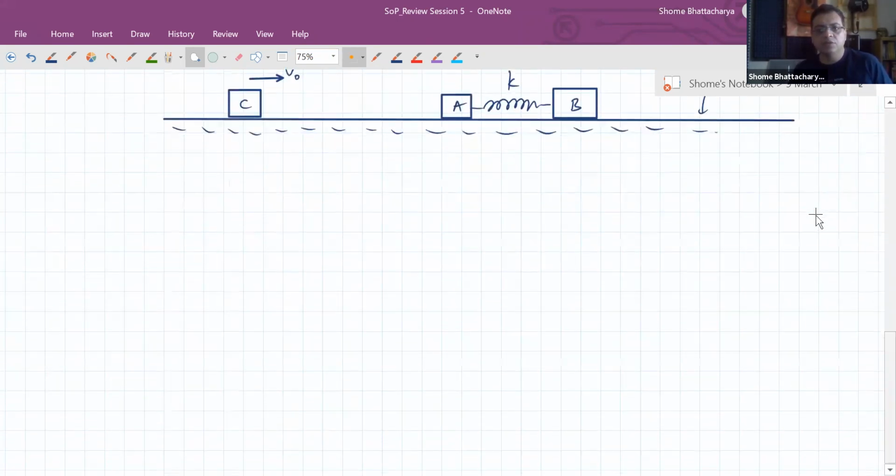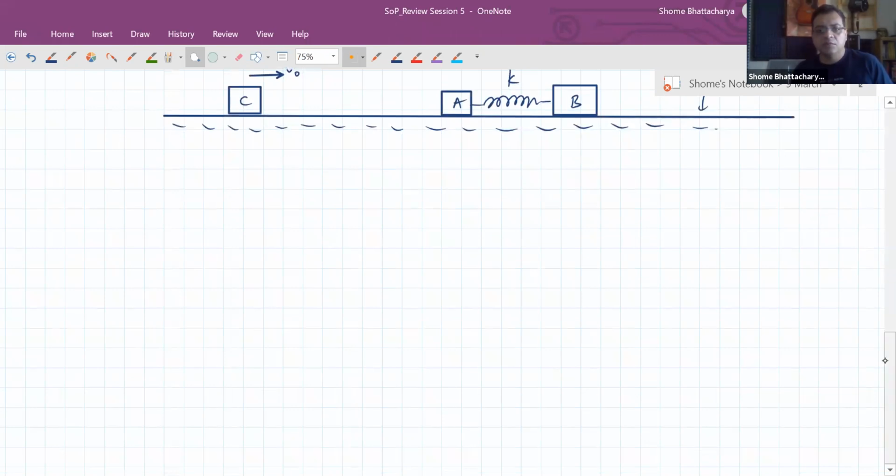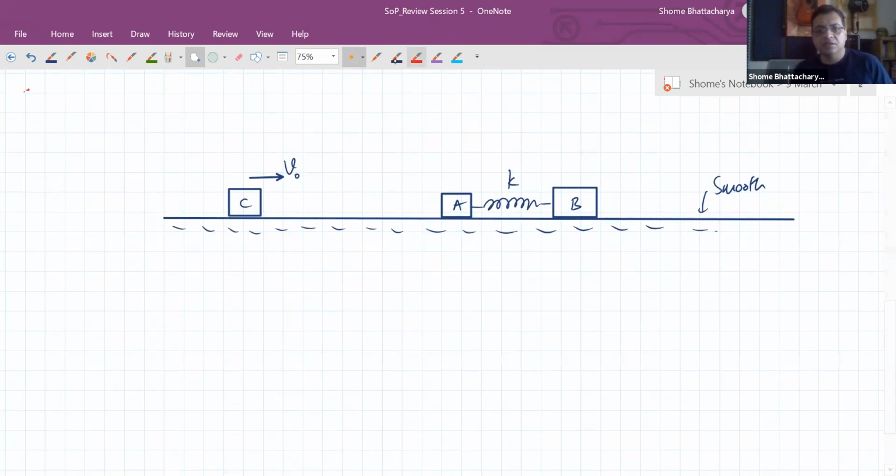And therefore the block B does not play any role directly in the impact because the spring is initially relaxed. So what happens is that immediately after C comes in contact with A, the momentum transfer and the kinetic energy transfer has happened only between A and C, like two independent bodies, and the spring has not played any role whatsoever. So we can treat it like an independent collision between C and A.